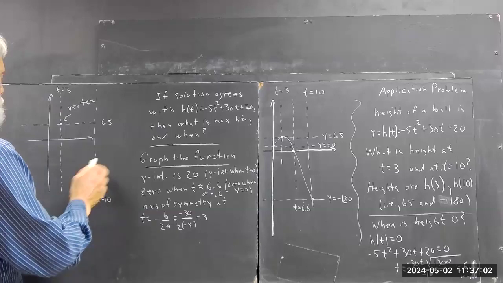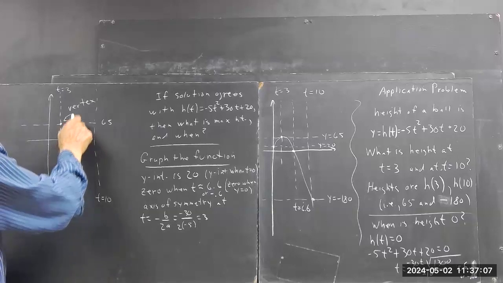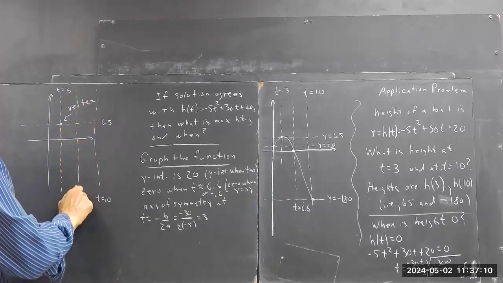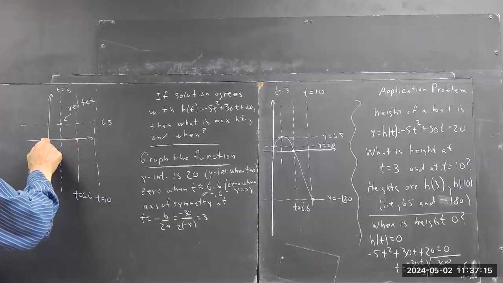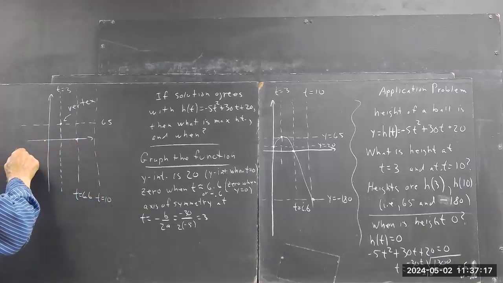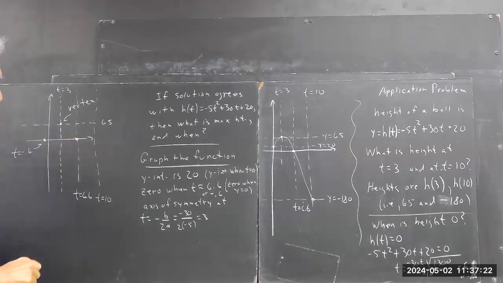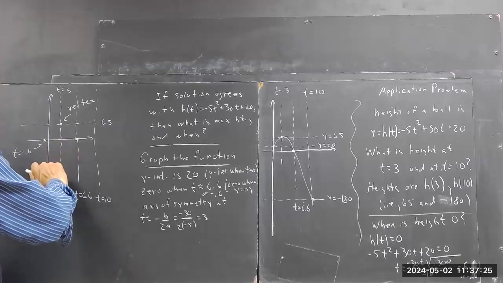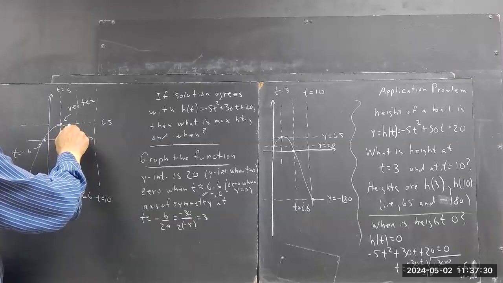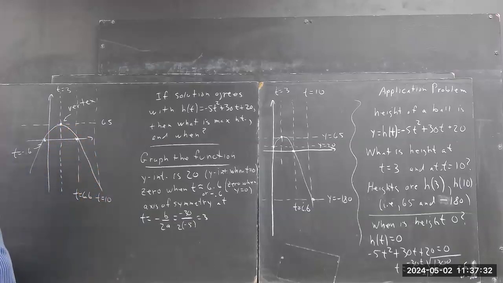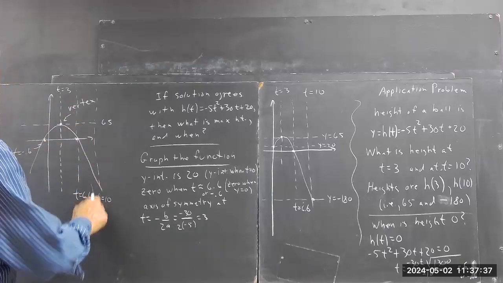Got t equals 10 out here, but that doesn't really, well, t equals 6.6 and t equals negative 0.6 are the x-intercepts. So now we know that our graph is a nice parabola with these intercepts. And it's perfectly plausible that it's negative 180.